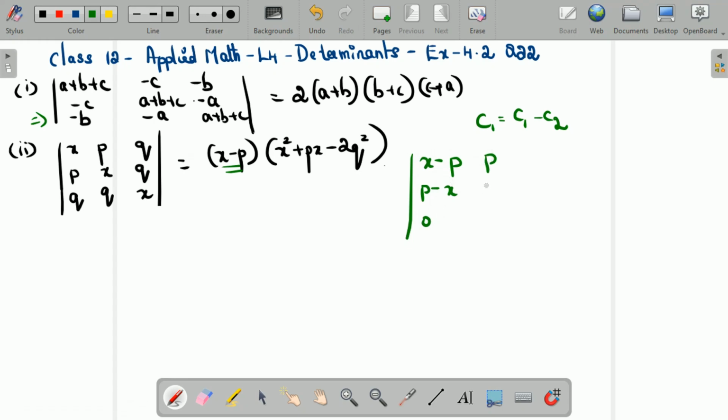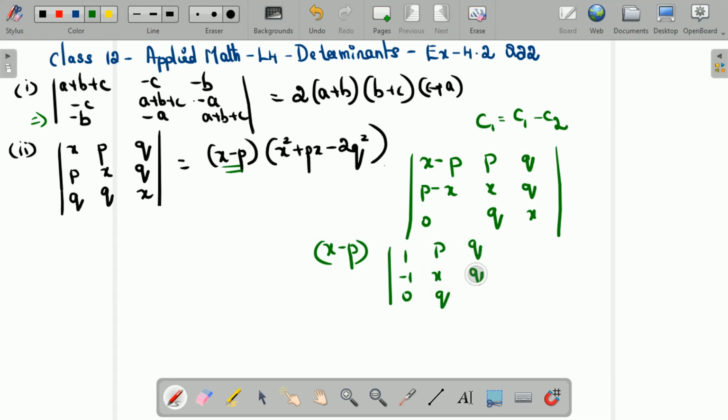The rest of the columns we are copying as such because no transformations were made. Now let's take out this x minus p from the first column. So this will be (x minus p) into, this column will become 1, minus 1, 0. This is p, x, q and this is going to be q, q, x.